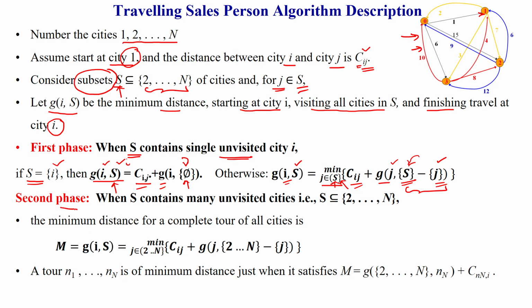The second phase, when S has many unvisited cities like this, we calculate the cost between the source vertex and unvisited cities, where j belongs to 2 to n. So here we take the minimum cost value among these unvisited cities.